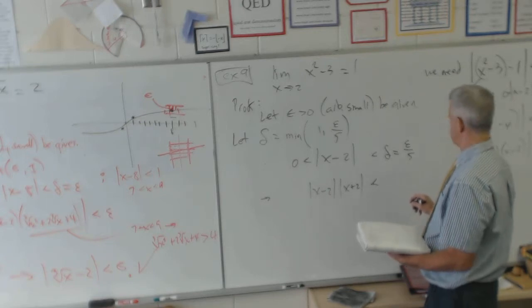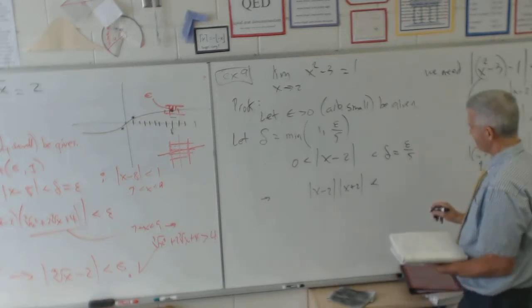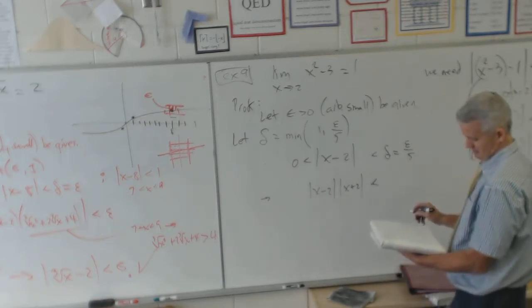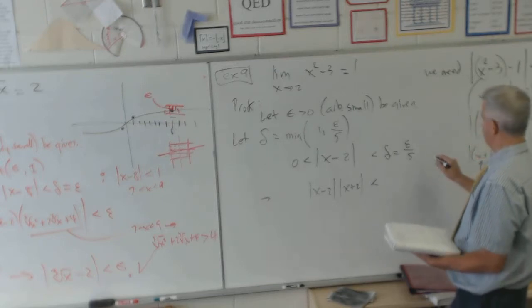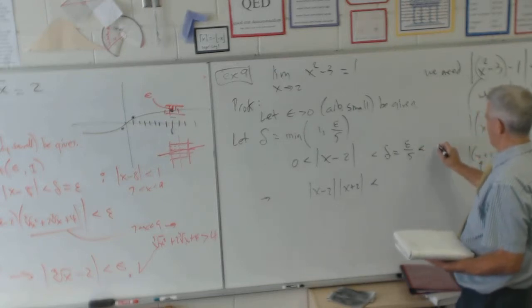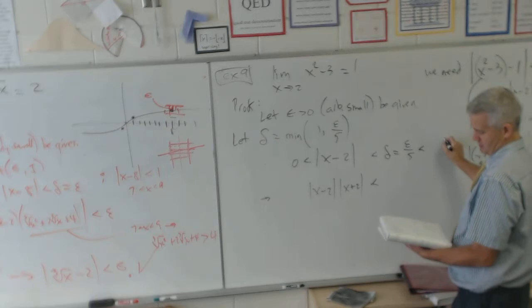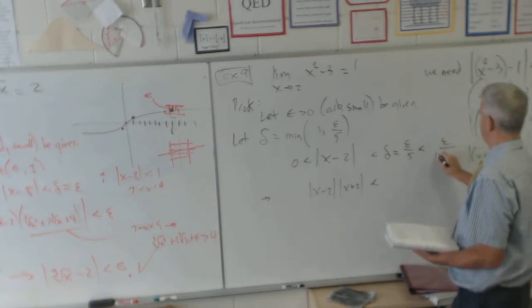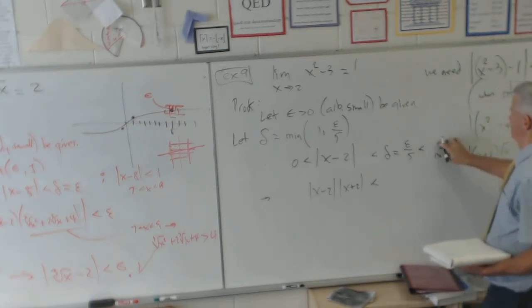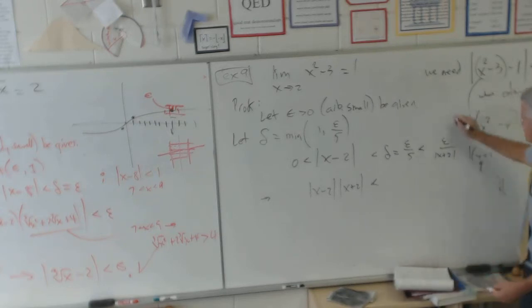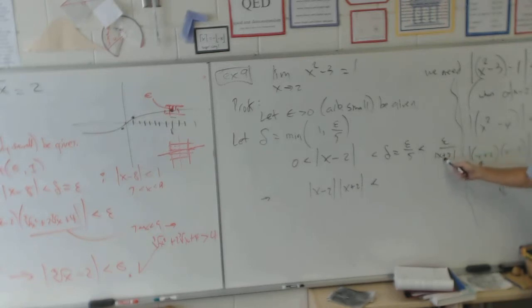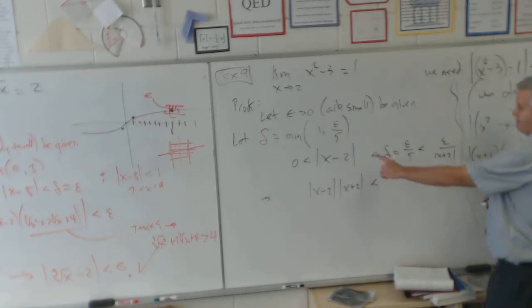Actually, let's skip a step. They say this is less than epsilon divided by x plus 2. This is the recognition they make. Epsilon over 5 needs to be less than epsilon over x plus 2. Well, where does that 5 come from?